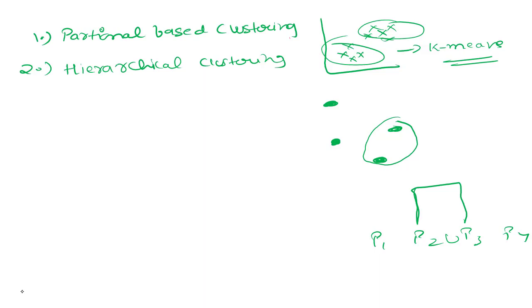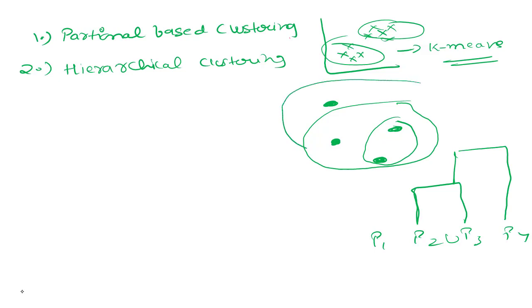Now if you see, the closest structure is P4. So you will again make a nested cluster. Now this will look like this, and you will attach P4 over here as a dendrogram. Then P1 is the closest, so you cover it, and then this hole and this hole.